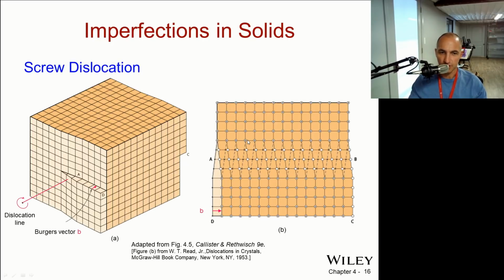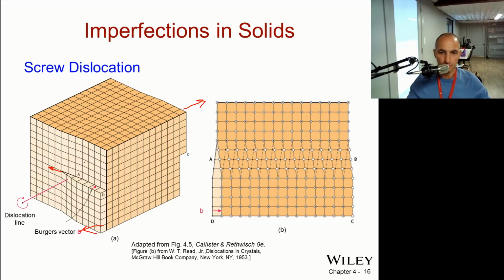On the other hand, with a screw dislocation, it's purely a shear mechanism. Imagine applying a shear stress to this, pulling it on this side, and we're kind of tearing it, and this dislocation is moving as it opens, as the screw dislocation progresses here.